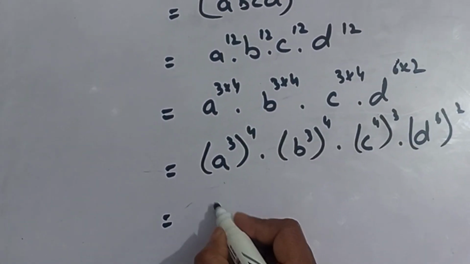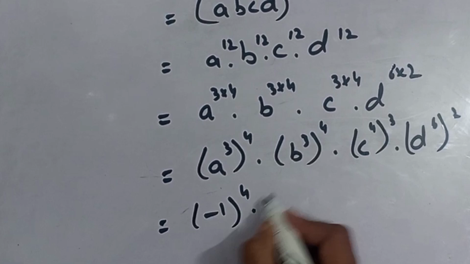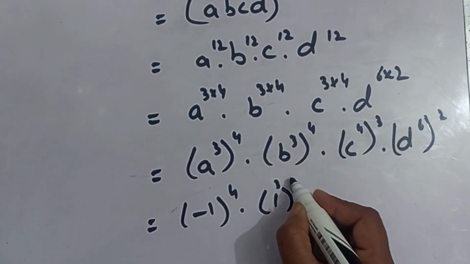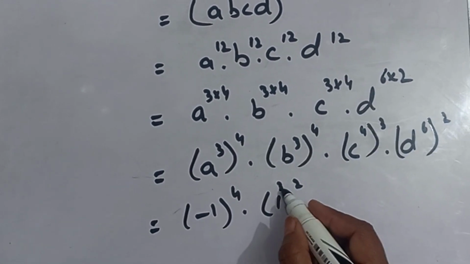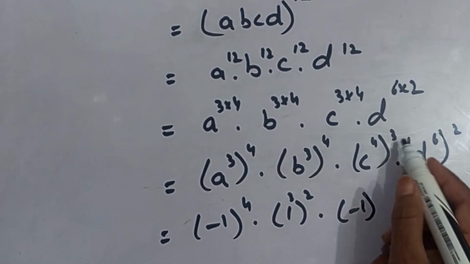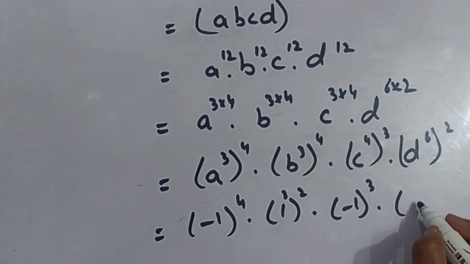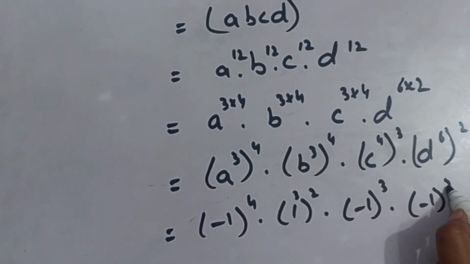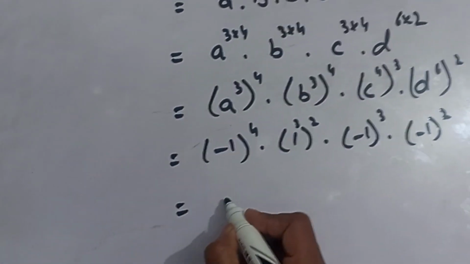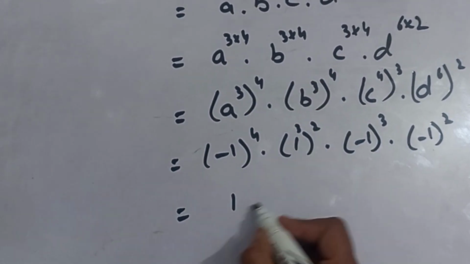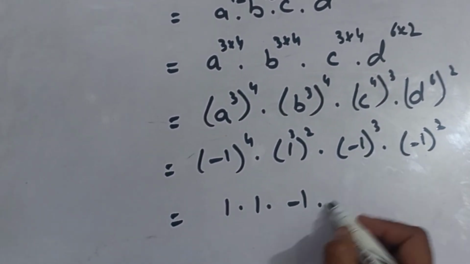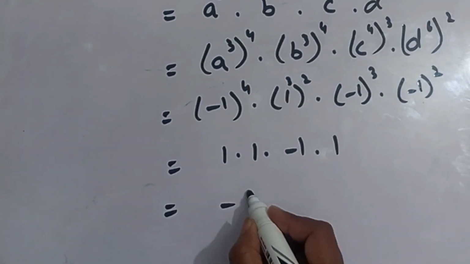And this is equal to minus 1 whole raised to the power 4, 1 whole raised to the power 3 multiplied by 2, and c to the 4 is equal to minus 1 with power 3, and d to the 6 is equal to minus 1 with power 2. Now we simplify this. This is equal to 1, this is also 1, this is minus 1, and this is 1. Now we multiply, then we get minus 1.